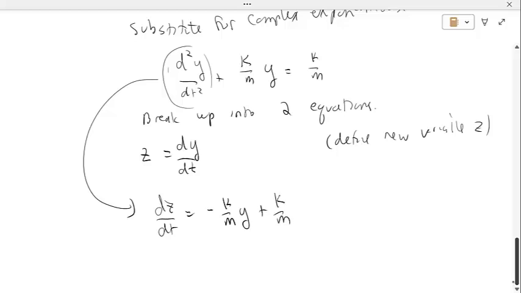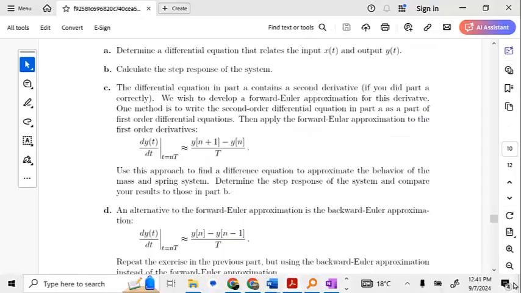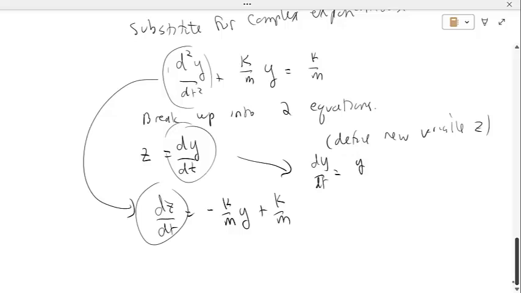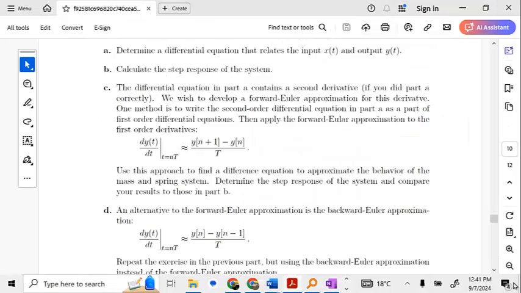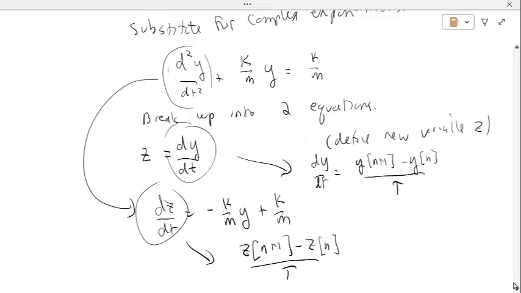Okay, so for these two derivatives, I'm going to substitute. Here I'm going to substitute dy dt equals, and what was the substitution that he gave me? y of n plus 1 minus y of n over T. And then here I'm going to substitute z of n plus 1 minus z of n over T. Okay? So basically what you'll do is you'll find the z here from here.